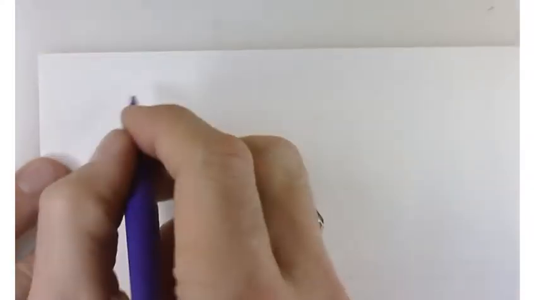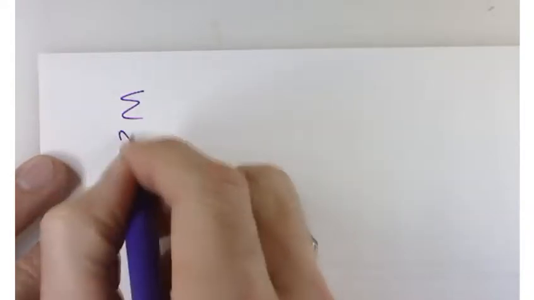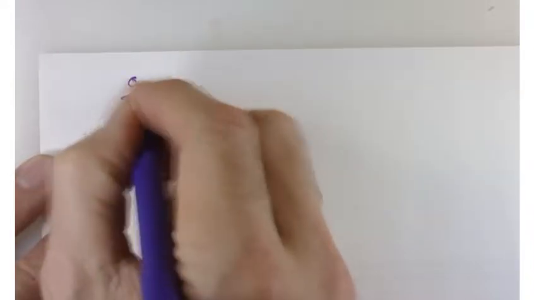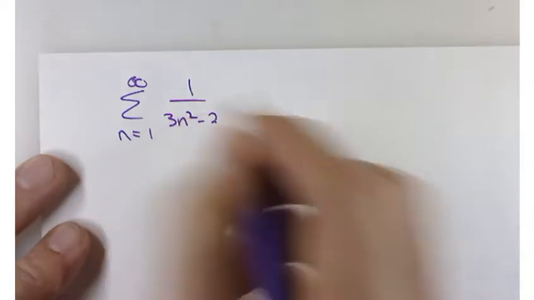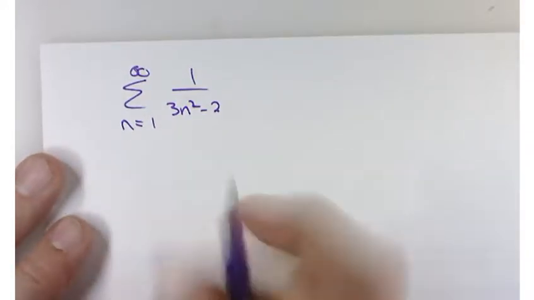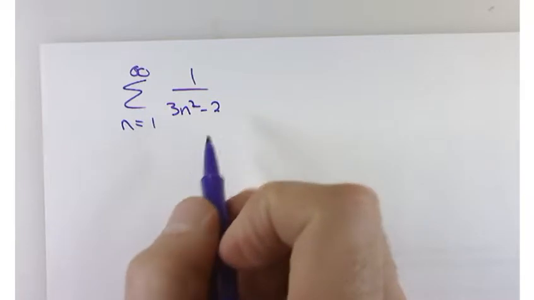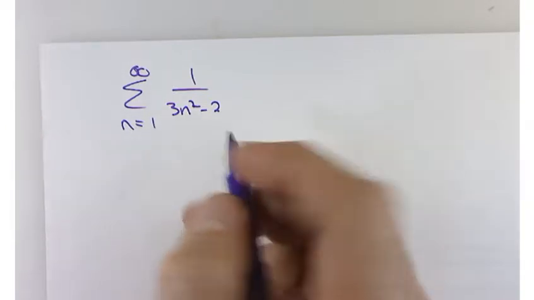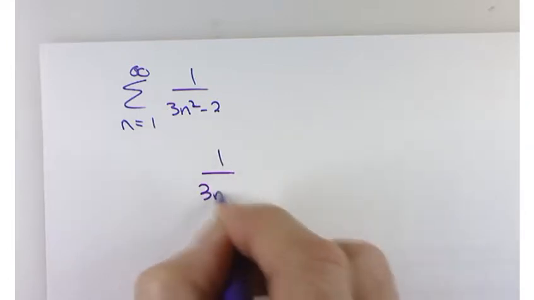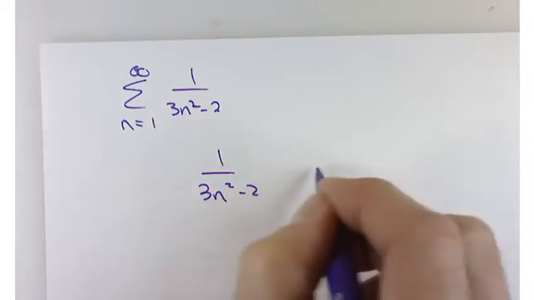Let's take a quick look at what would happen if I did the minus. If I had a sum from n equals 1 to infinity of 1 over 3n squared minus 2, well, you know, I still expect that this thing is going to converge. It's just that I don't have a nice convenient thing to compare it with anymore.